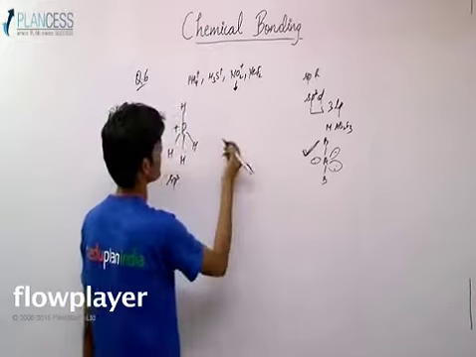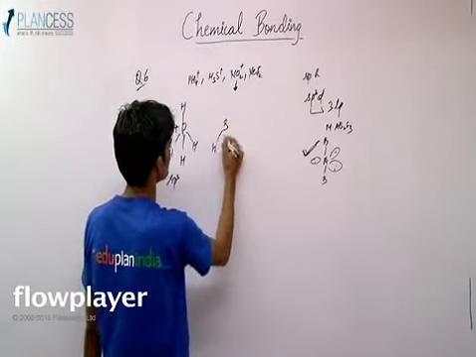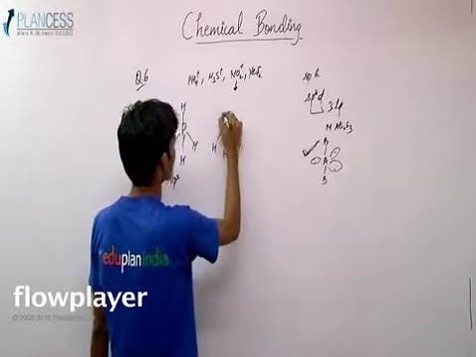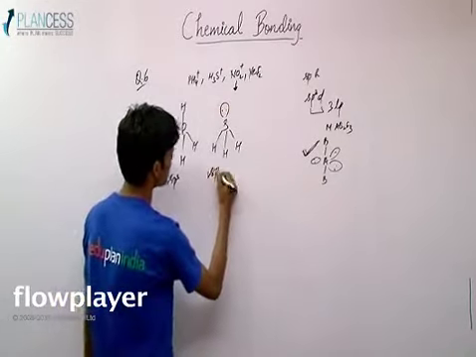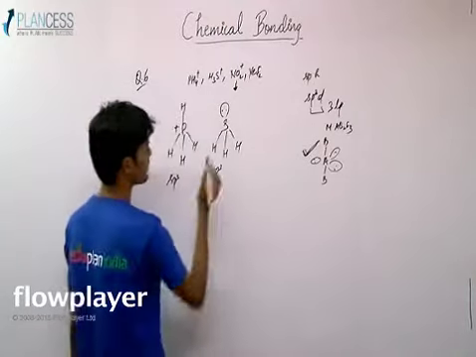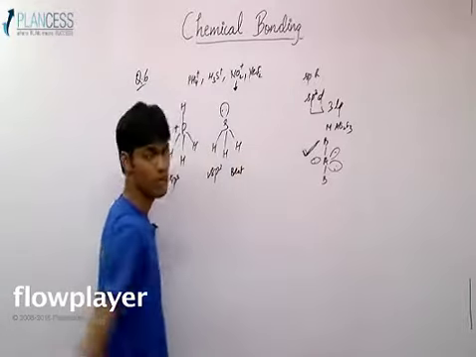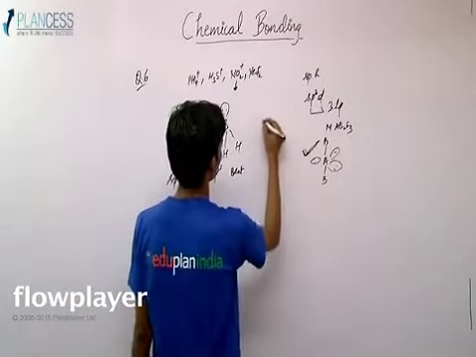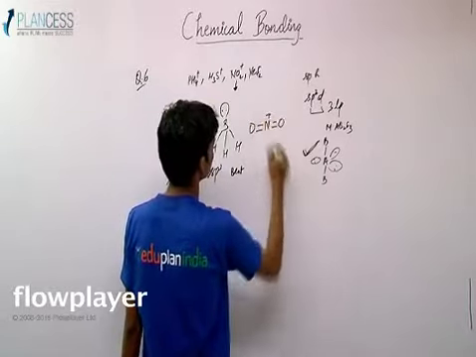For SH3 plus, what would be this? It would be S, H, H, H, 1 lone pair, so it would be 3 bond pair, 1 lone pair, sp3 hybridized, steric number 4, and it would be bent in the geometry or in the shape.